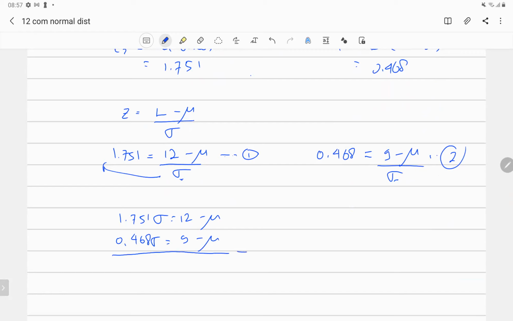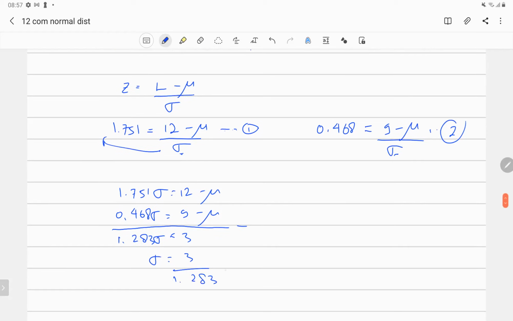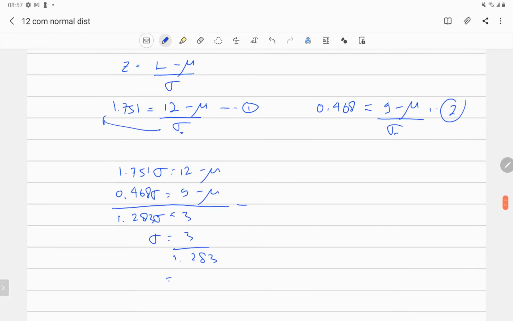From this, if we subtract, we have here 1.283 sigma is 3. So sigma is 3 divided by 1.283. That's going to be 2.338.